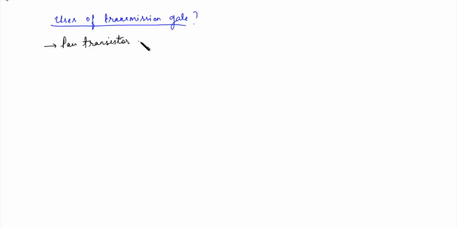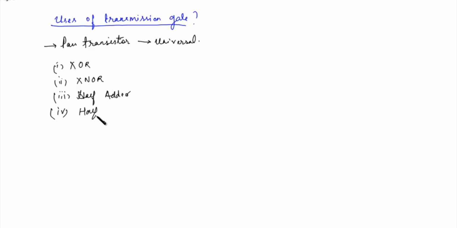The transmission gate acts as a universal gate, because we can draw circuits like XOR, XNOR, and circuits like half adder, half subtractor, similarly full adder.